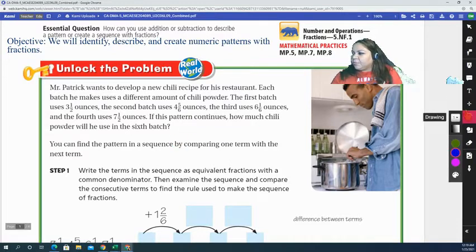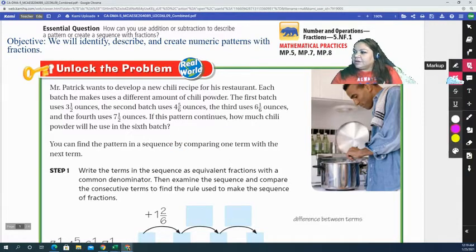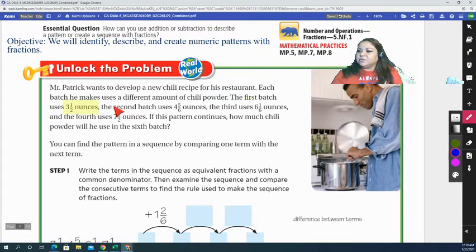So remember that when we are reading a word problem, we want to highlight or underline the information that is important. I'm going to read this again because reading it once is not enough. It says, Mr. Patrick wants to develop a new chili recipe for his restaurant. Each batch he makes uses a different amount of chili powder. So first batch uses 3.5 ounces. I'm going to underline the batch numbers.